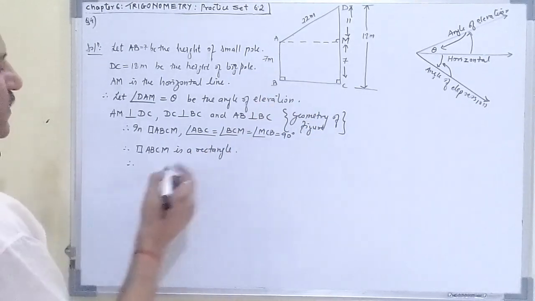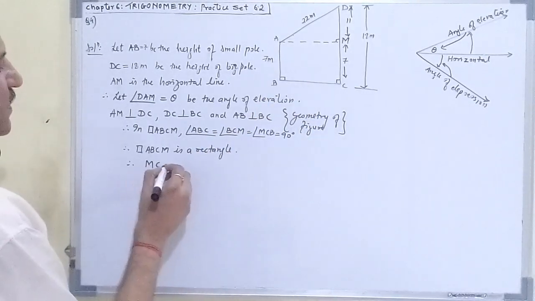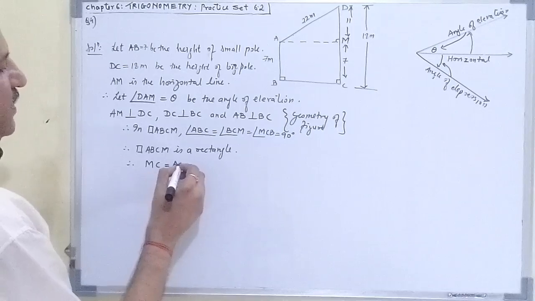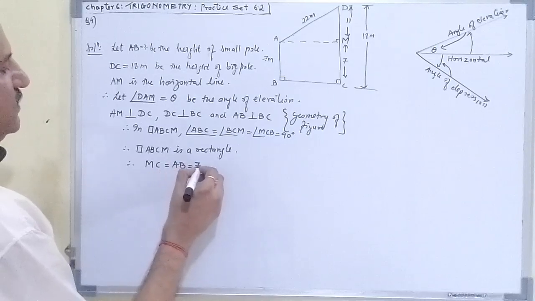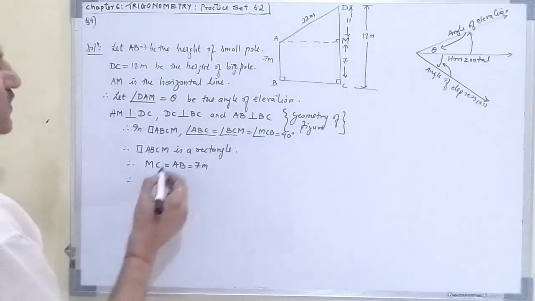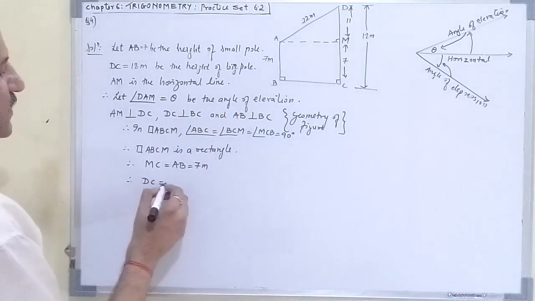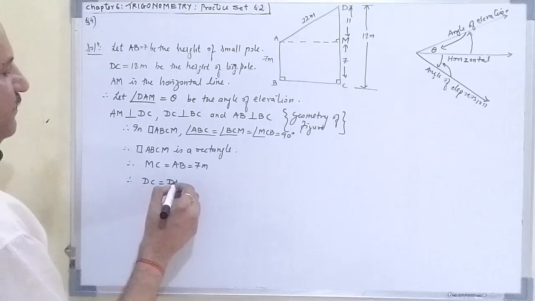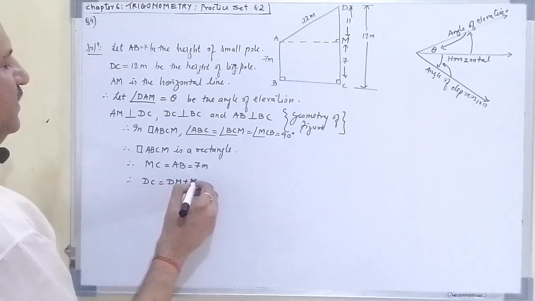Therefore, MC equal to AB equal to 7 meters. Therefore, now what is DC? DC equal to DM plus MC.